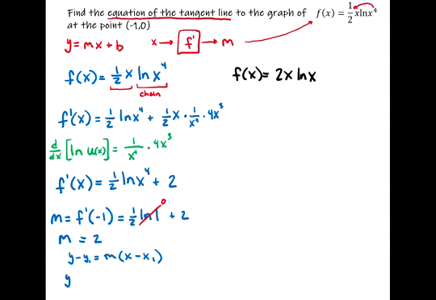So we'll have y minus y1, so y minus 0 equals, well, let's put the minus 0 there just to show all the steps. y minus 0 equals m, which is 2, times x minus x1, which is a minus 1.